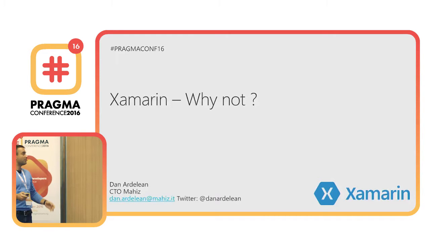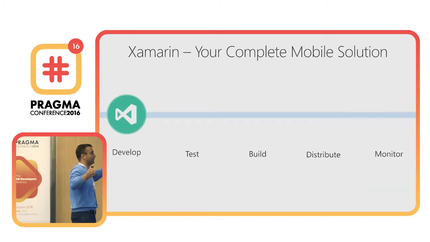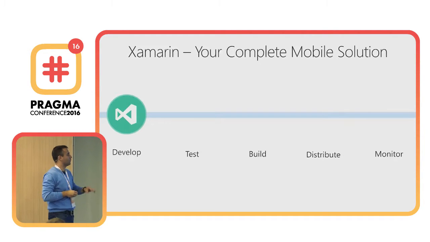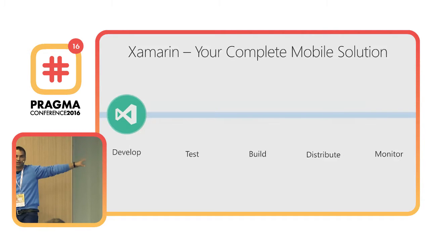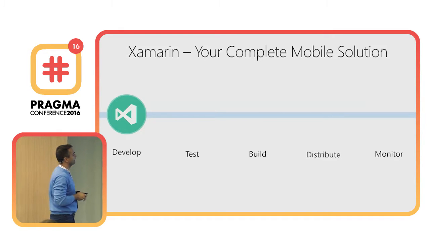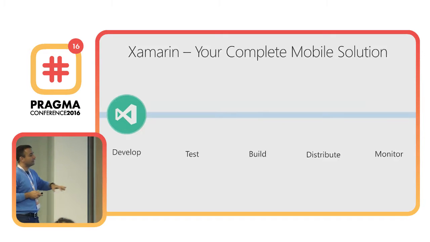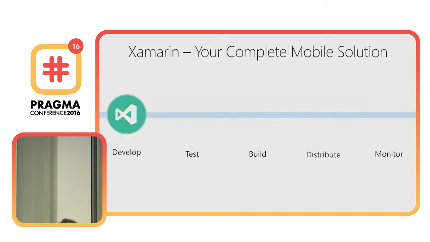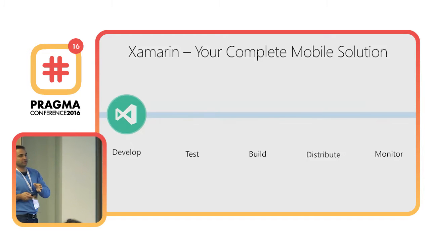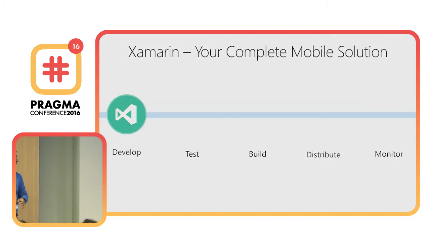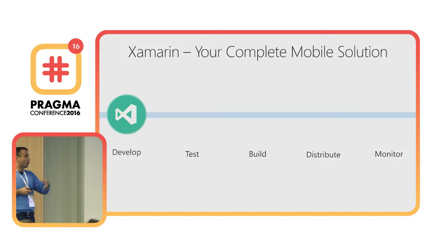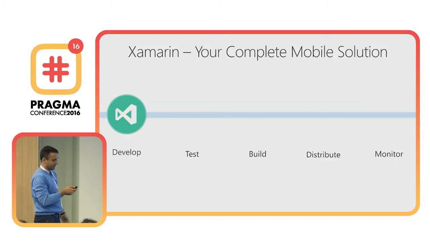So we will talk about Xamarin, and we will see that Xamarin is not only about development. We will talk about development using C#, but all the other parts in the application lifecycle, you can use it for both applications developed with Xamarin tools, but also with native applications, the ones you developed in Objective-C or Swift with Xcode, or Java with Android or Windows applications.